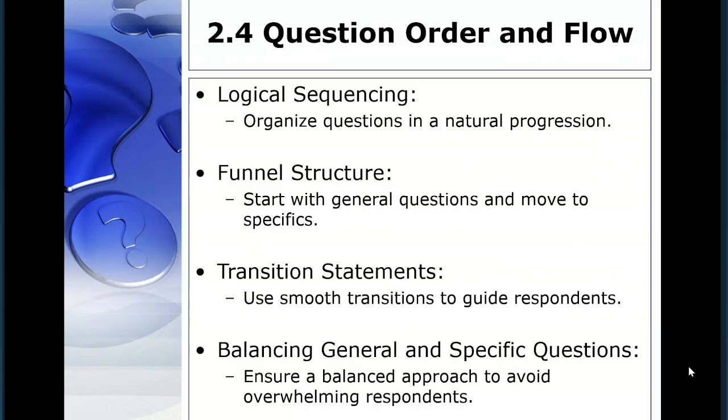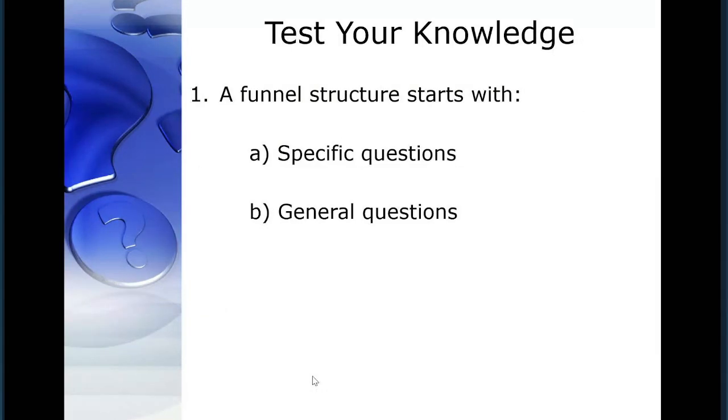Transition statements provide context, helping guide respondents between different question sections. Balancing between general and specific questions keeps respondents engaged without overwhelming them, enhancing response quality. So a funnel structure starts with specific questions or general questions?